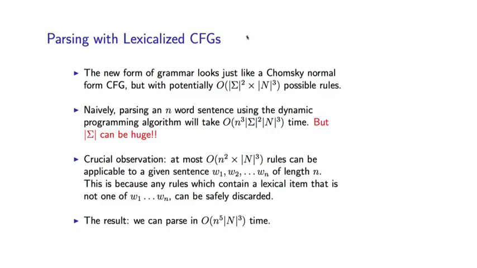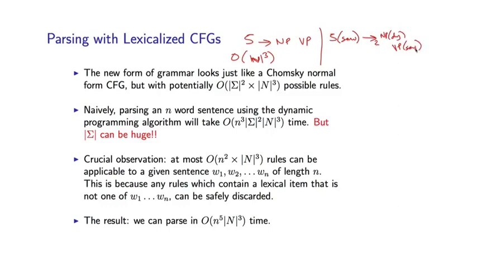But whereas before we had rules like S goes to NP VP, so there are order N cubed possible rules, where N is the number of non-terminals, so I have N times N times N. In this new grammar I have things like S(saw) goes to NP(dog) VP(saw).